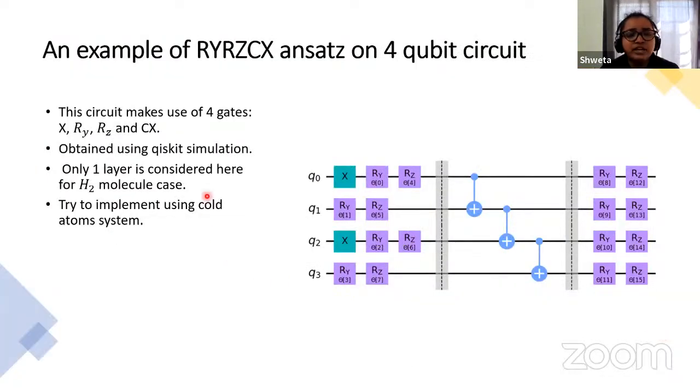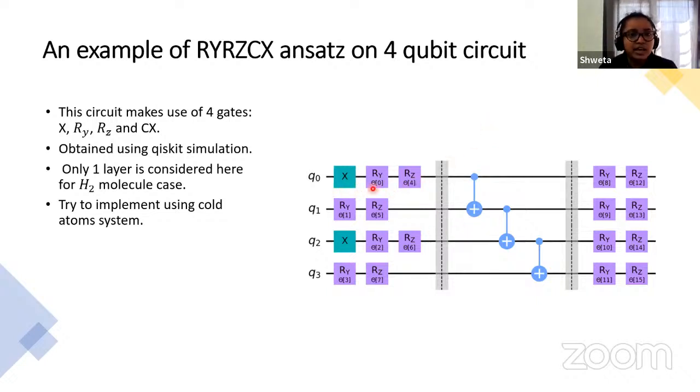So now here is an example of this RY RZ CX ansatz, which is a hardware efficient ansatz, as Rene was discussing previously. I have taken an example of a 4-qubit system, for the H2 molecule. Here you can see this circuit consists of gates: the Pauli X gate, the RY theta rotation gate, the RZ theta rotation gate, and also an entangling gate, CNOT.